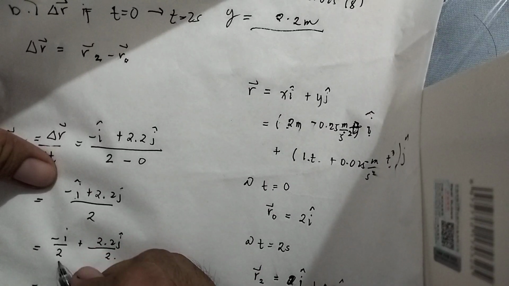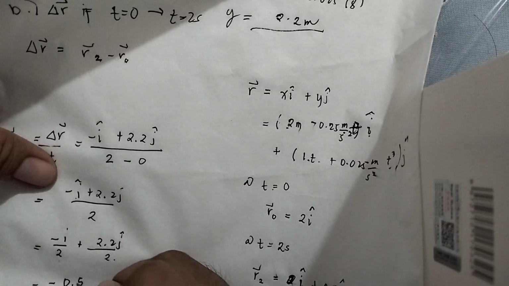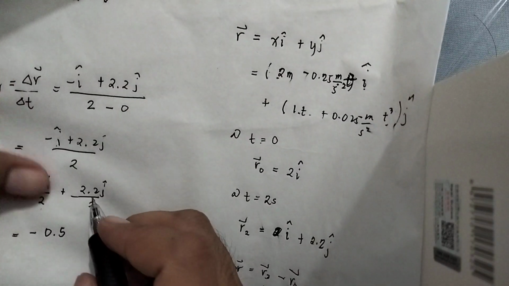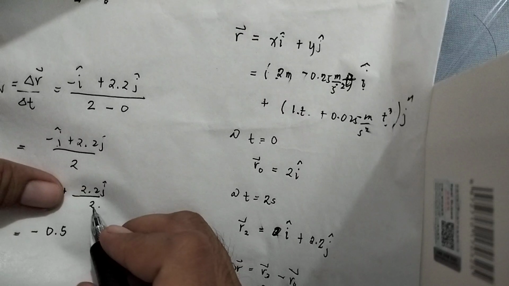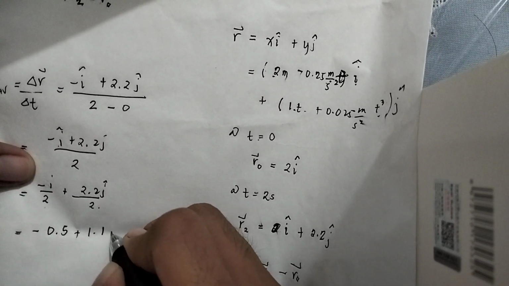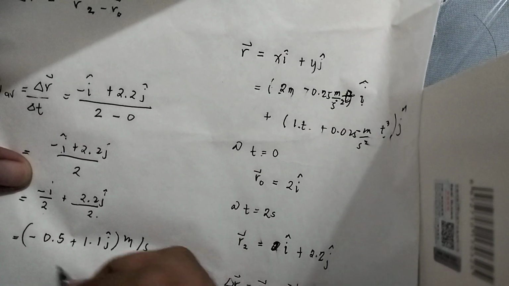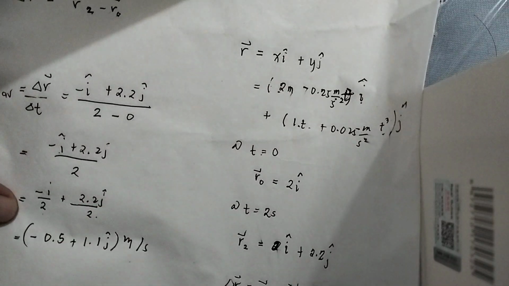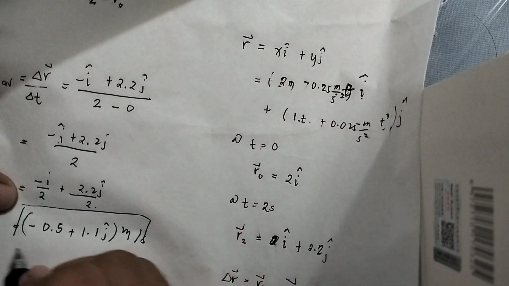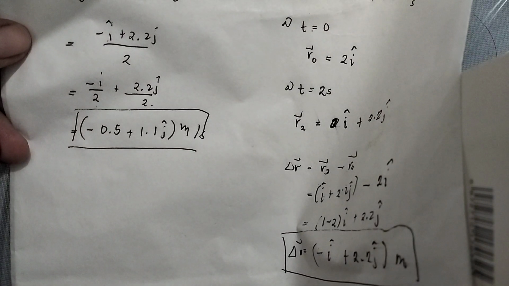Negative 1 over 2 is negative 0.5. 2.2 divided by 2, you have plus 1.1 j hat. And the unit is meters per second. Okay? If you have clarification, you can also chat in the GC.